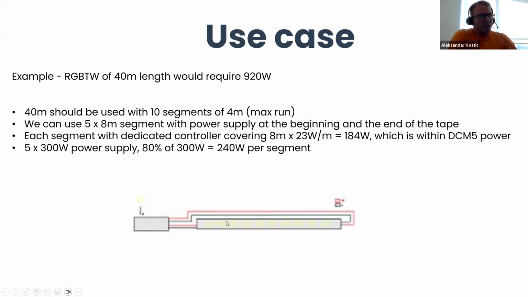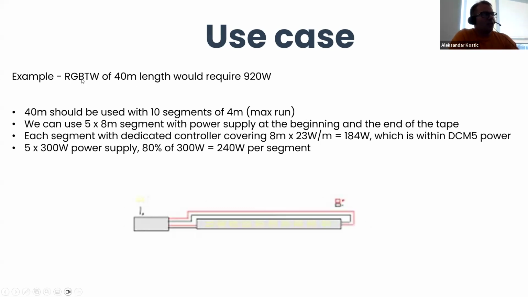This means there is no spot on this LED tape which is more than 4 meters away from the closest power injector. So we can use 5 times 8 meter segments with power supply at the beginning and the end of the LED tape. Okay, that's clear. Now let's check our limitation when it comes to the controller.